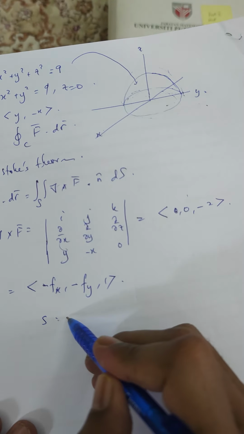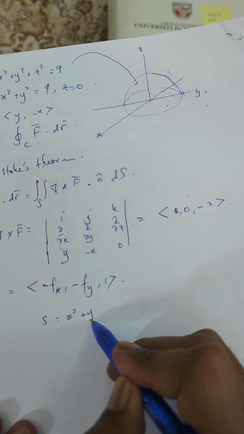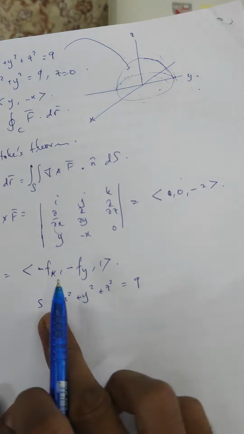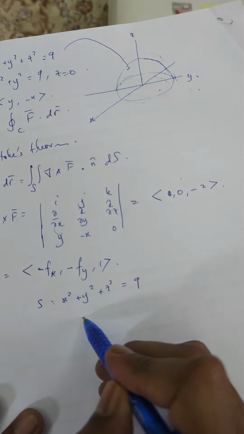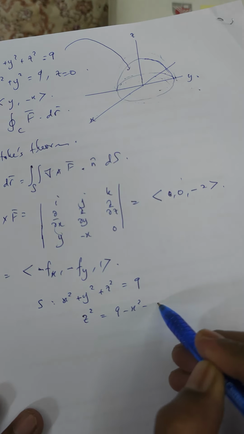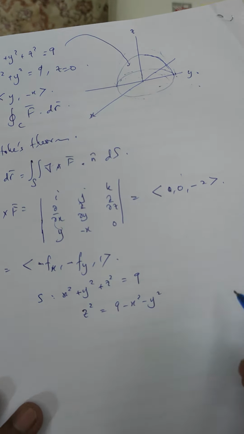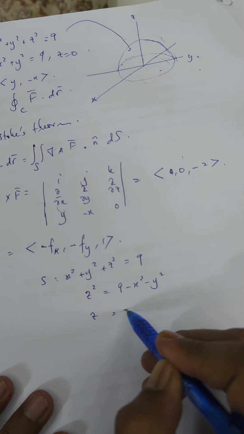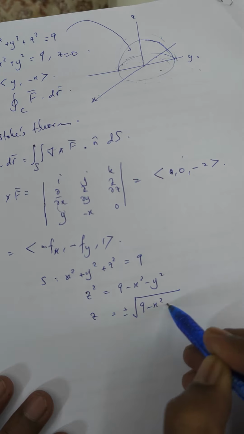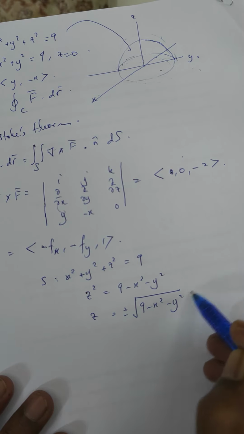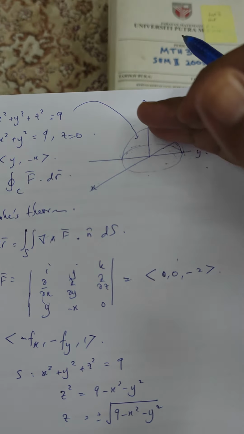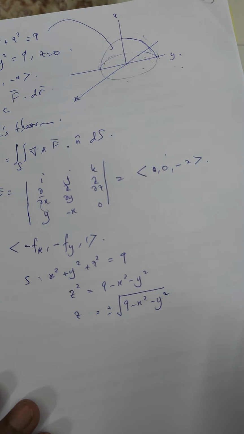Our S is x squared plus y squared plus z squared equal to 9. So from there we write z squared is 9 minus x squared minus y squared. Then you can have z equal to plus minus square root of 9 minus x squared minus y squared. But we need only the upper part, so we don't have the negative.